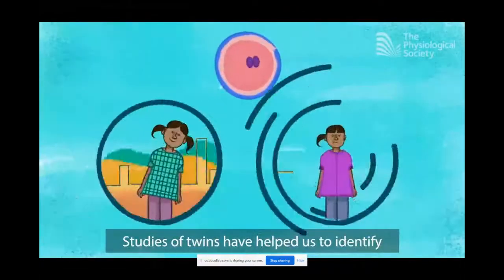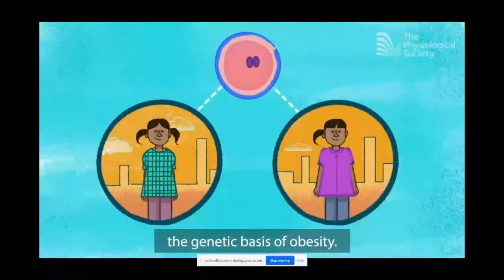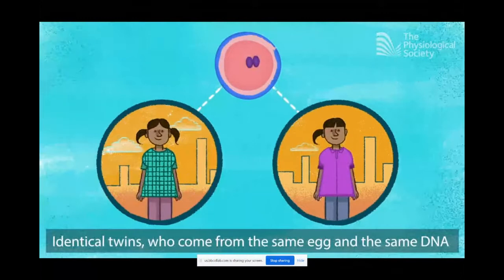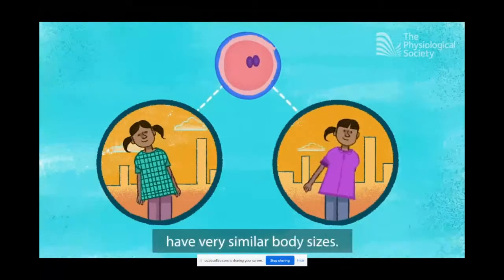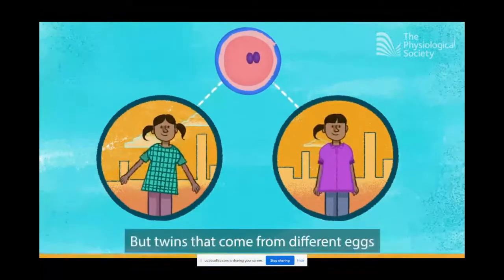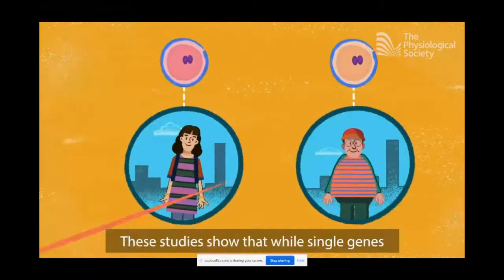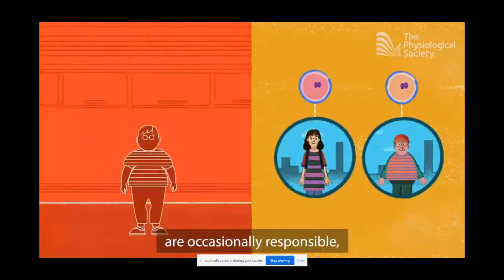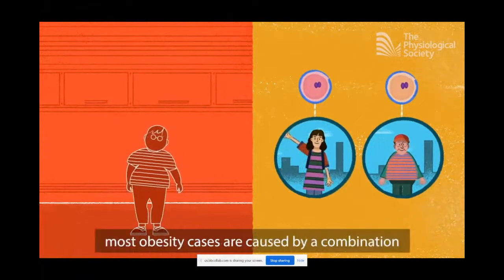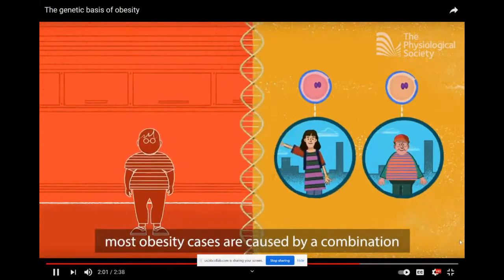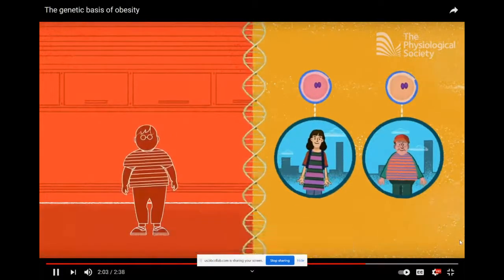Studies of twins have helped us to identify the genetic basis of obesity. Identical twins who come from the same egg and the same DNA have very similar body sizes, but twins that come from different eggs show much more variability. These studies show that while single genes are occasionally responsible, most obesity cases are caused by a combination of genes working together.